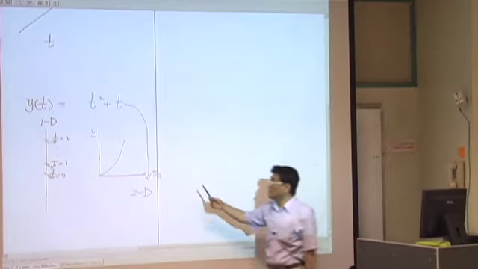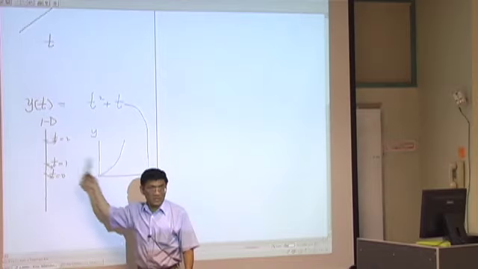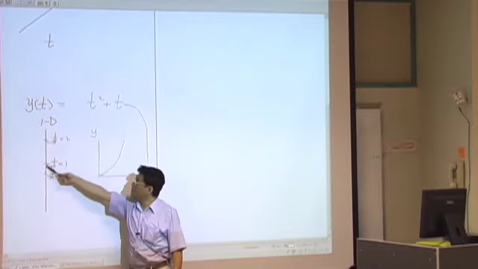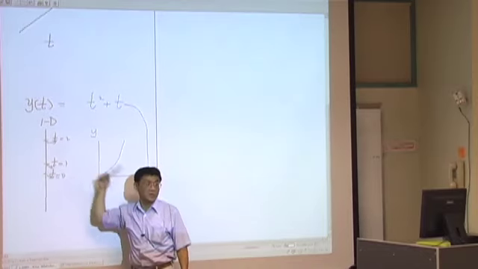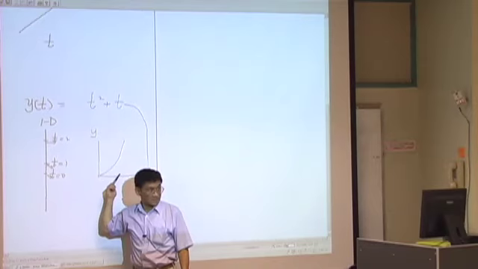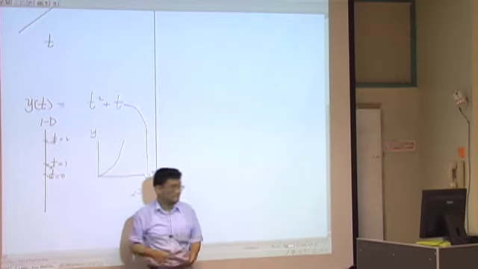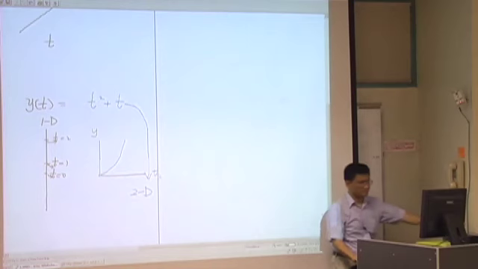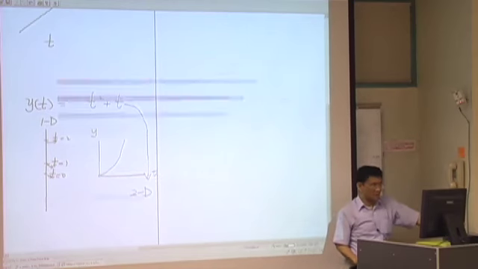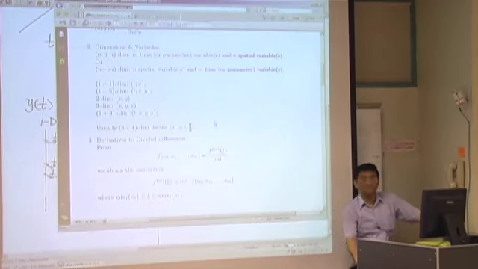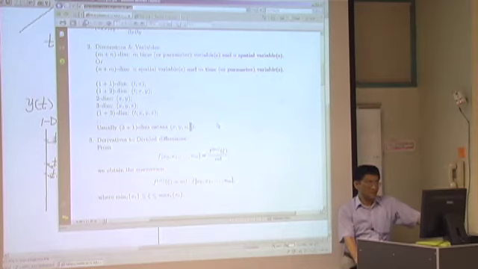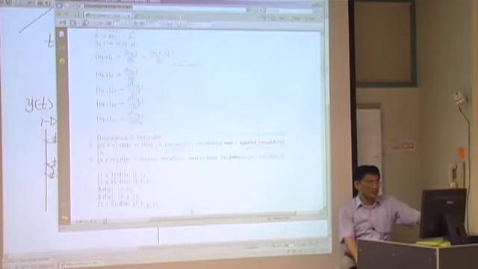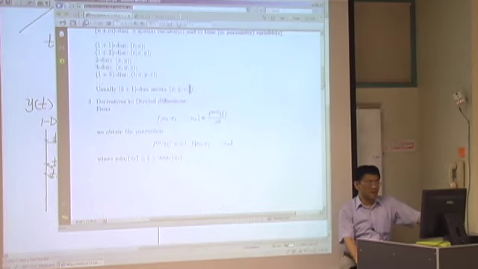So we are not handling 2 different things. We are handling the same thing, but here we omitted the time axis. Here we represent the time axis. If you have any questions up to this point, ask me. No questions? Then roughly this is the idea.